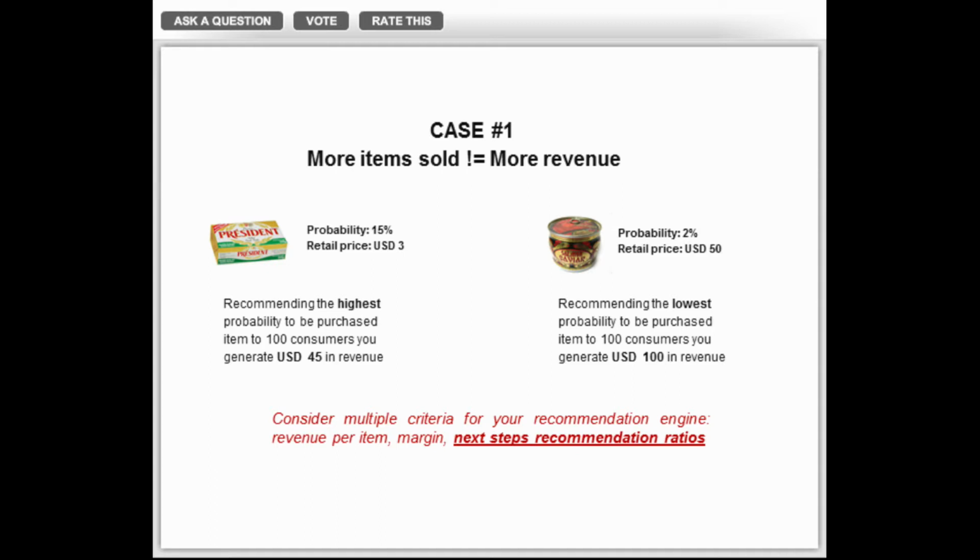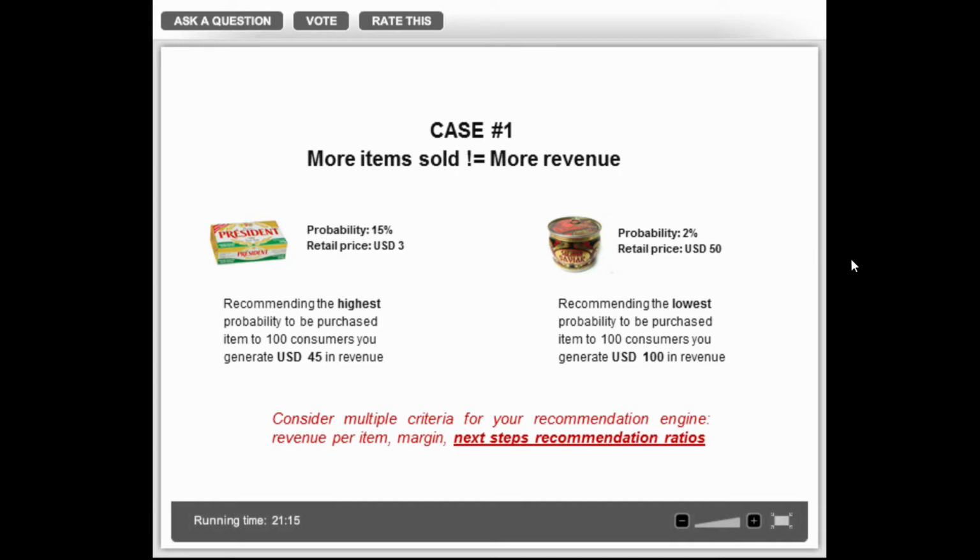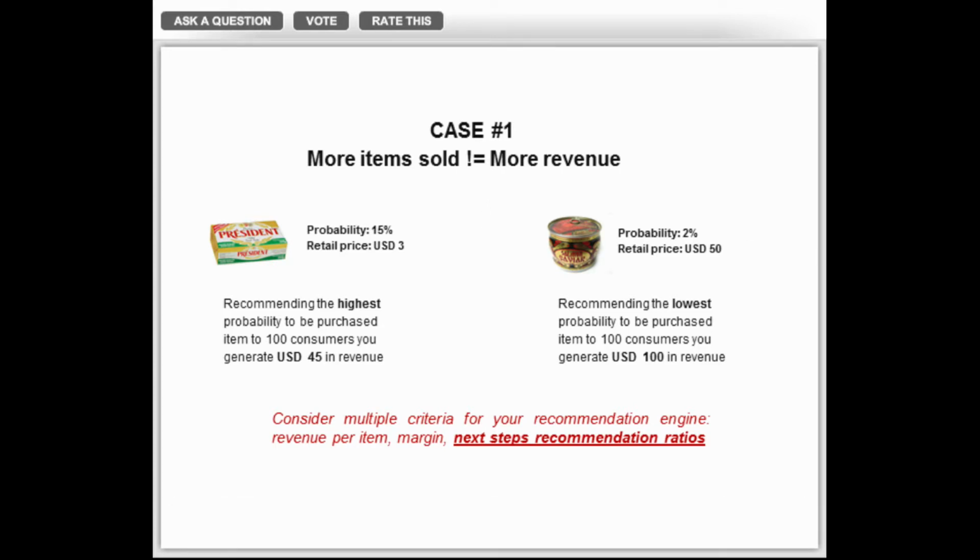Of course, this is just an example, but what I want you to think about is that you need to consider multiple criteria for your recommendation engine when setting it. It can be revenue, it can be margin, and here's an interesting thing: it can be next-steps recommendation ratings.